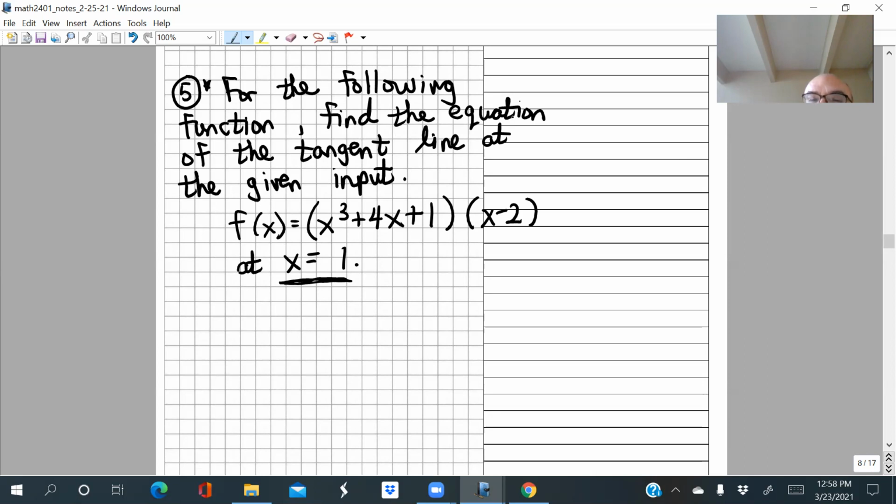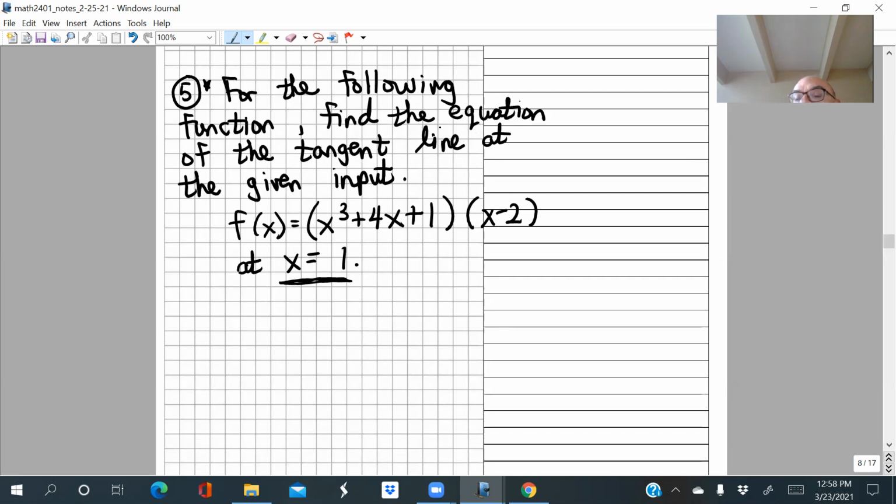The basic problem here is to write down the equation for a line. We've done that problem lots of times, so you don't want to let yourself get confused by the fact that you're dealing with a tangent line. Tangent lines are just lines.